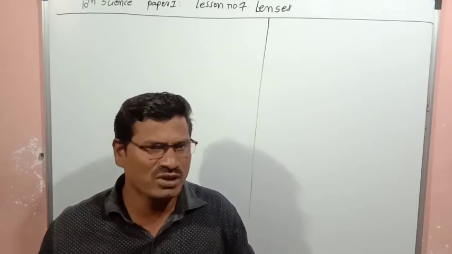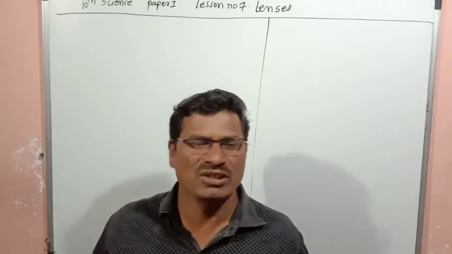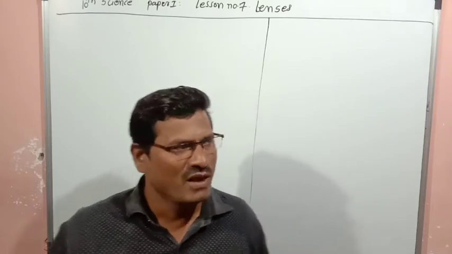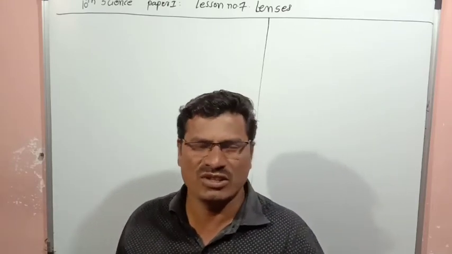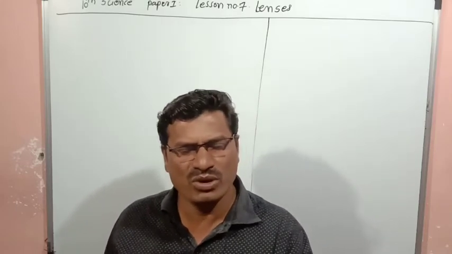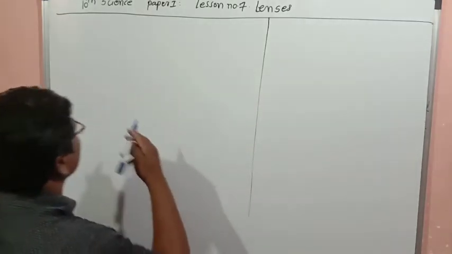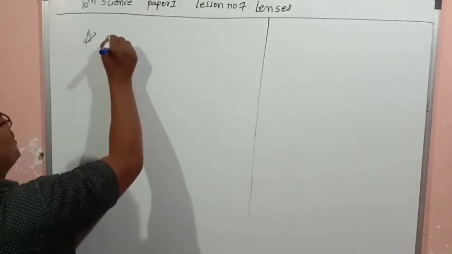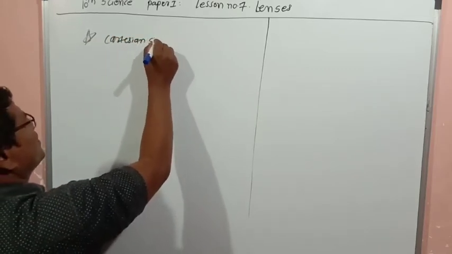But before going to the main point, sign conventions for the lenses, I am going to revise one part, the sign conventions for the spherical mirrors. First I will explain that, and then we will go to our main point.